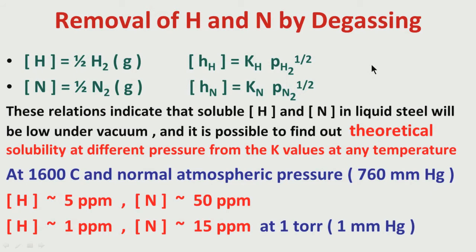Now, what these figures are giving you are basically the theoretical limits, theoretical solubility limits, theoretical calculations based on thermodynamics. It does not take into account the kinetics. Now, if you go into the stages of how these reactions take place, that means if you involve kinetics, then we will see that some of the theoretical values we are trying to get may not be possible to achieve in reality.